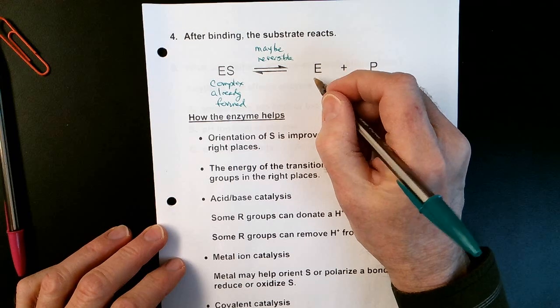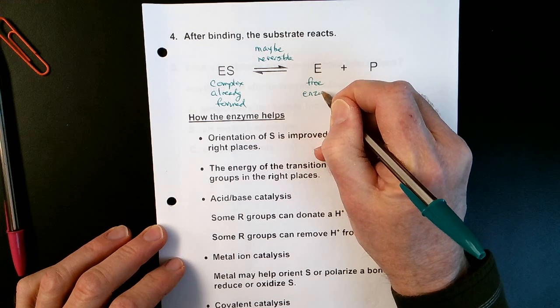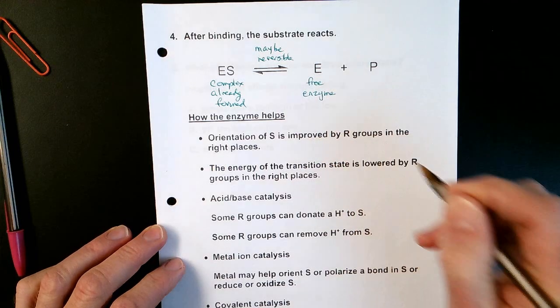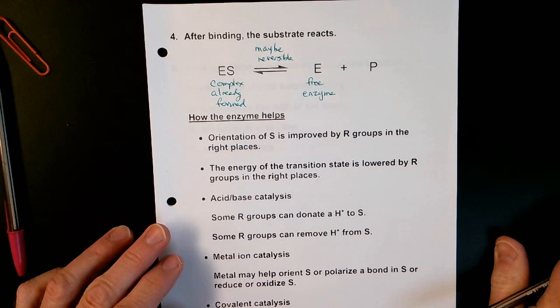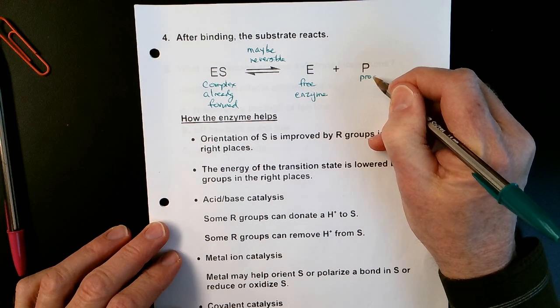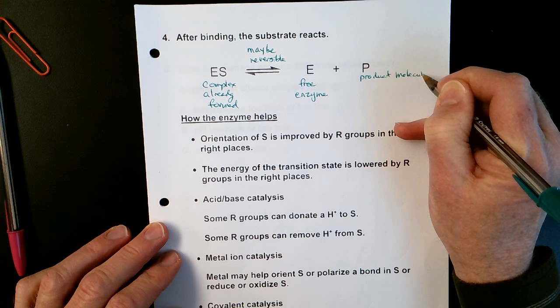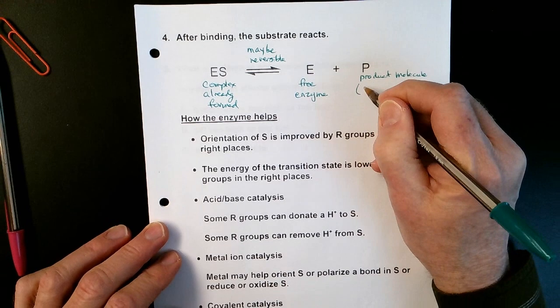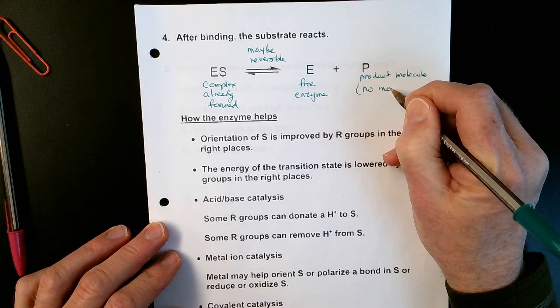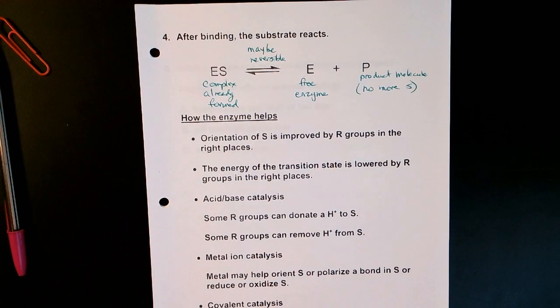When this step is all over, you're back now to free enzyme. It's available to find another substrate molecule and go do the whole thing all over again. Here's the product molecule. And what that means is you've got no more substrate. At least as of the end of that step, the substrate has been destroyed in the sense that it's been converted into something else.